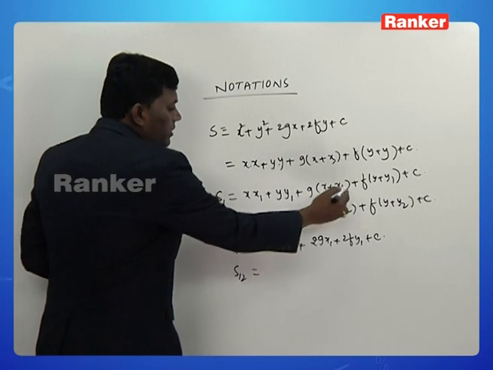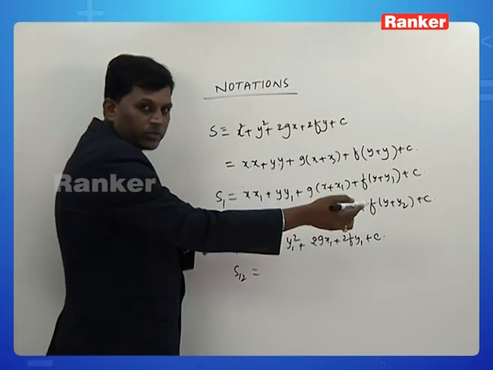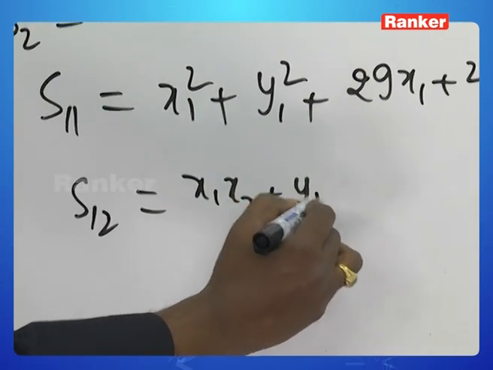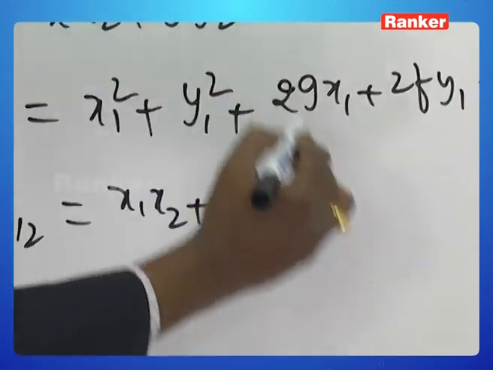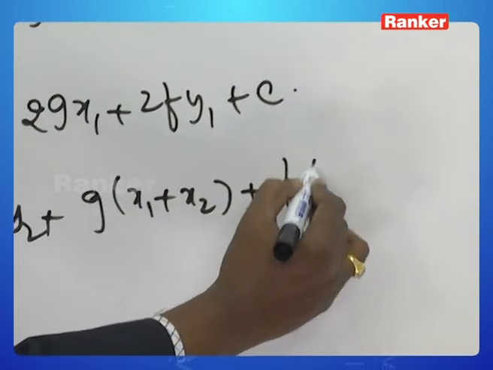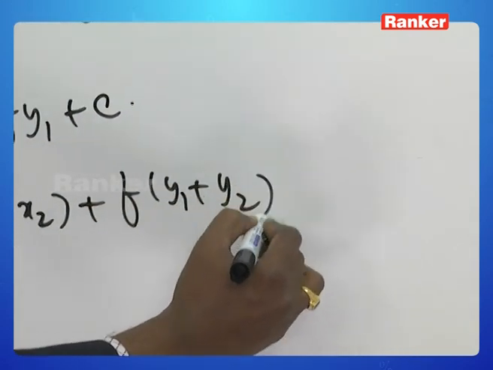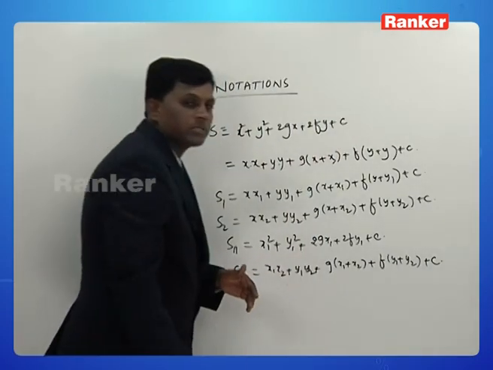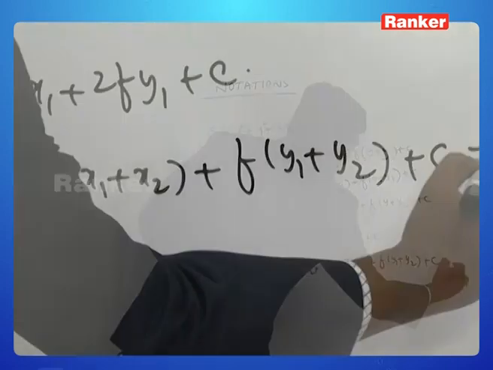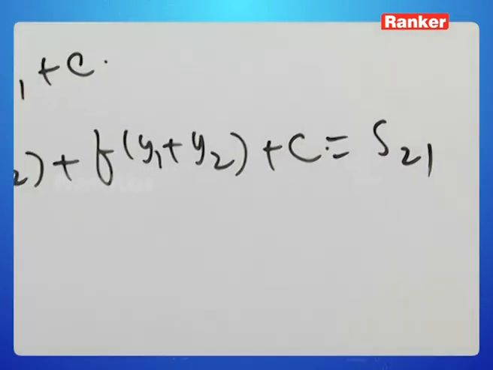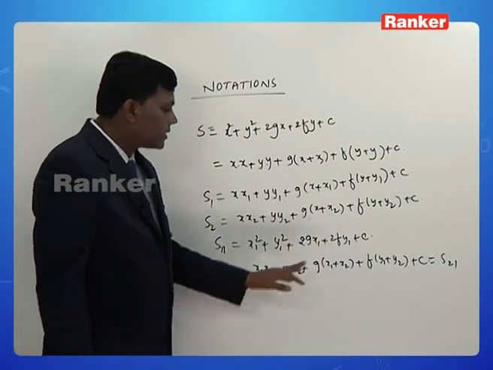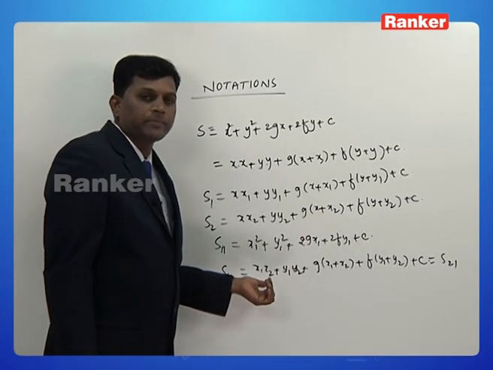First one with x1, y1 and second one with x2, y2 simultaneously: x1 x2 plus y1 y2, plus g into x1 plus x2, f into y1 plus y2, plus c. This notation is taken as S12, and one can guess very comfortably that this is also equal to S21. So we can write S12 and S21 as the same.